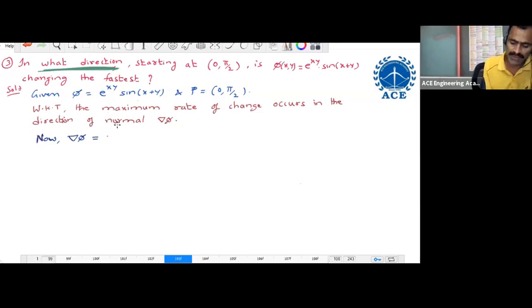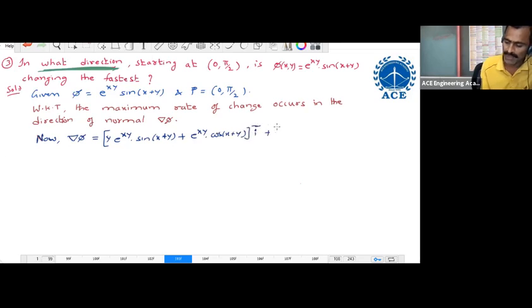First, the exponential derivative: the derivative of e^(xy) with respect to x is y e^(xy), into sin(x+y), plus, again, the derivative of sine is cosine, and the inner function's derivative is 1, so e^(xy) cos(x+y), into i bar.